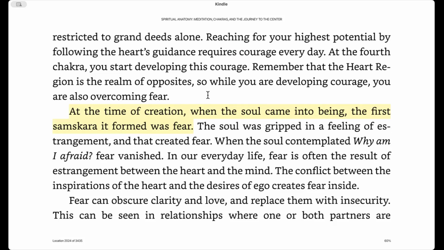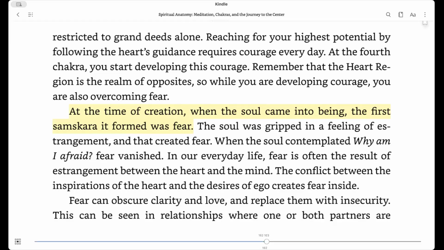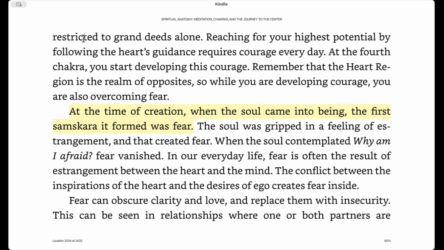But in spiritual terms, ego means the identity of the self. So when it identified itself as separate from God, separate from its creator, it developed this fear. So fear is the first impression the soul has developed.